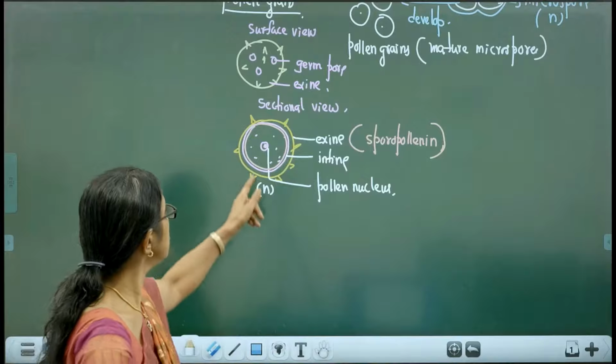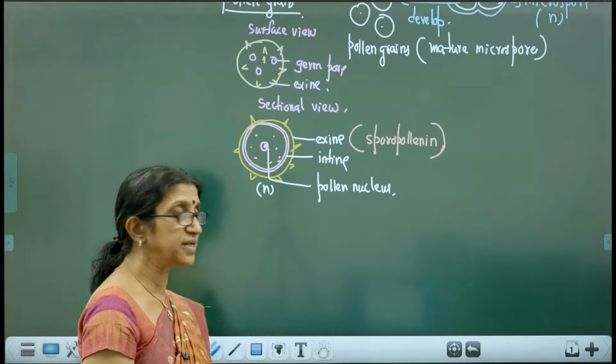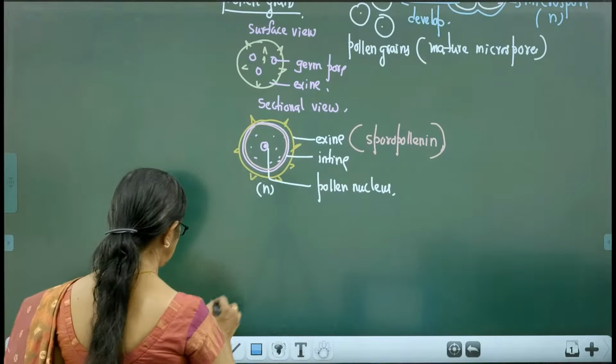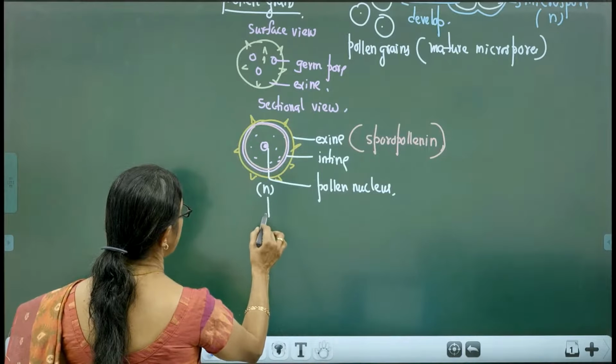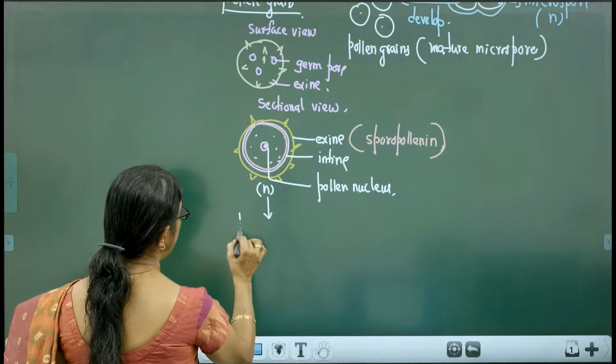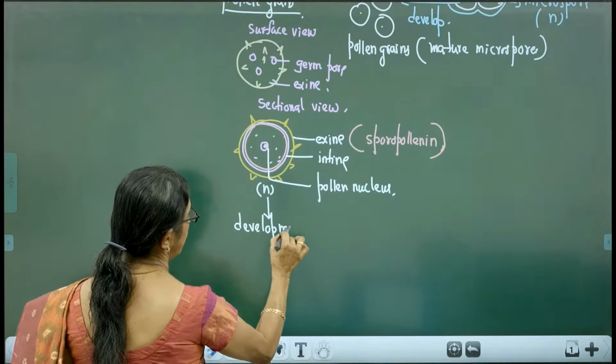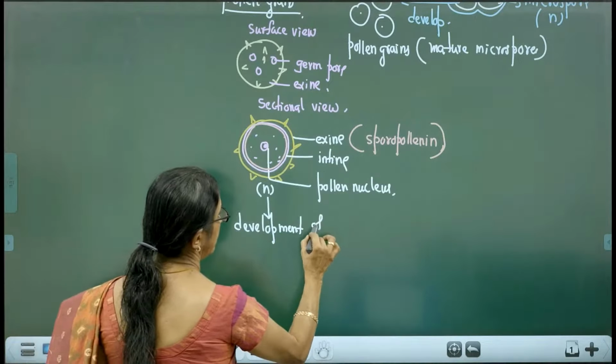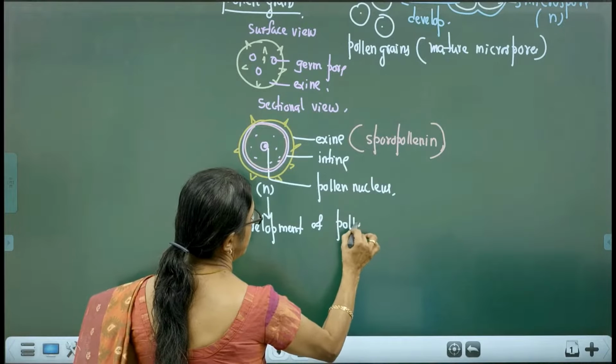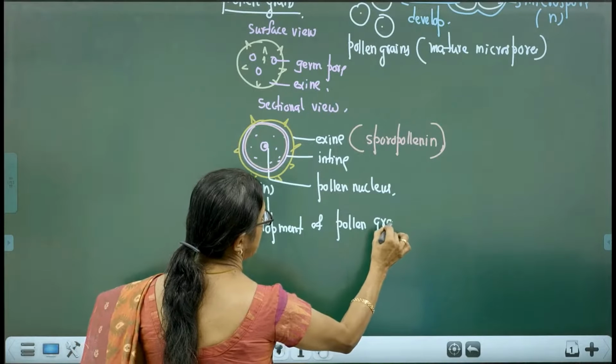So the nucleus gets shifted towards one side. Next is the development of the pollen grain.